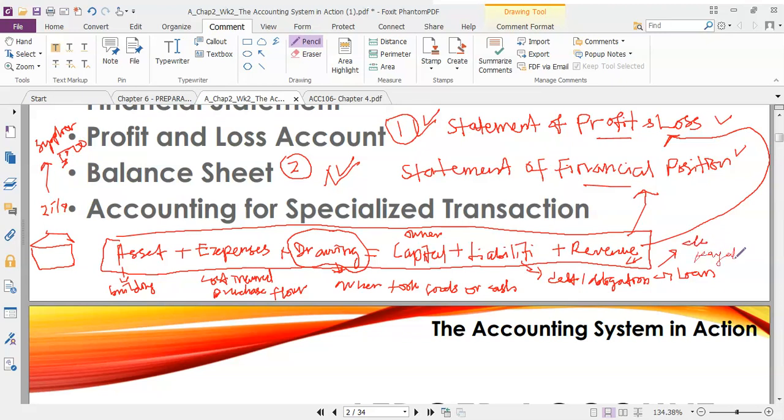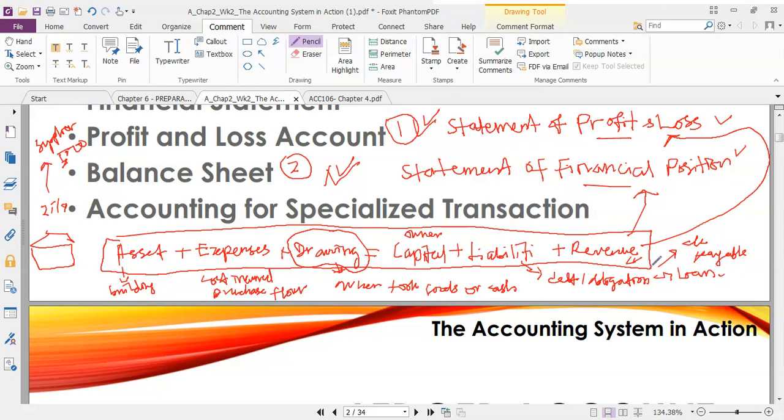So maknanya owner buat hutang dengan supplier ataupun orang luar, outsiders, outside the business. Dia akan kita namakan supplier tersebut sebagai account payable. So dalam liability kita akan ada loan. Loan tu means that kita buat hutang dengan bank, financial institution. That is called loan.